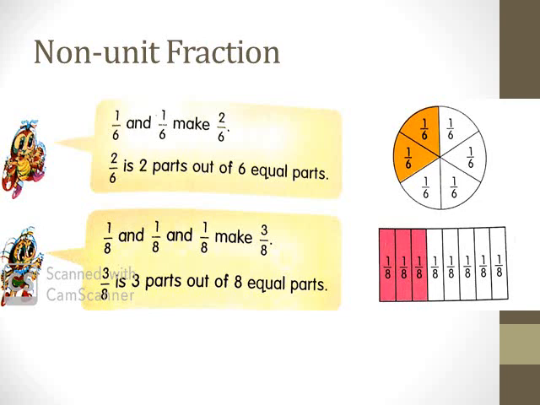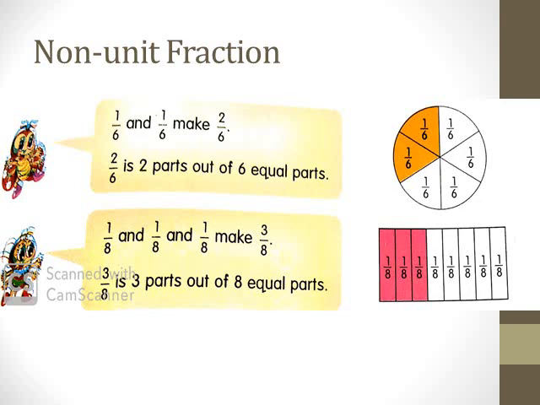Same, if you look at this rectangle, it is divided into 8 equal parts and every part is 1/8. So there are 3 parts: 1/8, 1/8 and 1/8. That will make 3/8. And you can say 3/8 is 3 parts out of 8 equal parts.